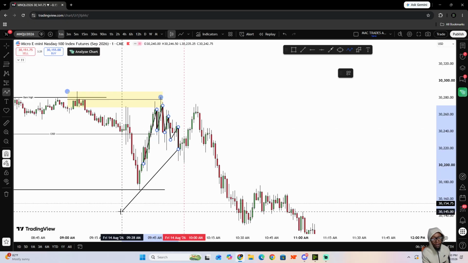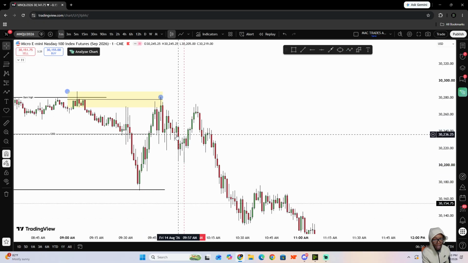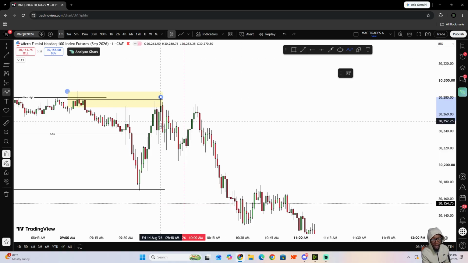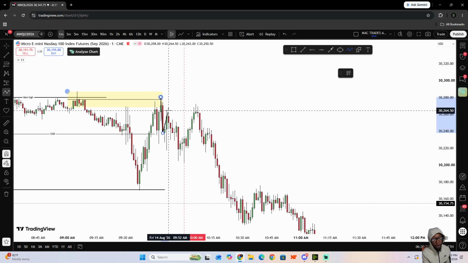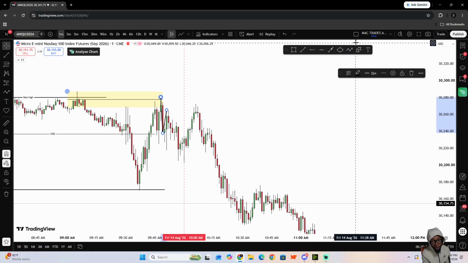But overall, there's no real target as yet. This is chop compared to the actual move. Of course, you can't trade it. Why? Because it broke structure right here. So it's going to make a lower high, and if you have a visual lower high, you should get a lower low, right? So on and so forth.